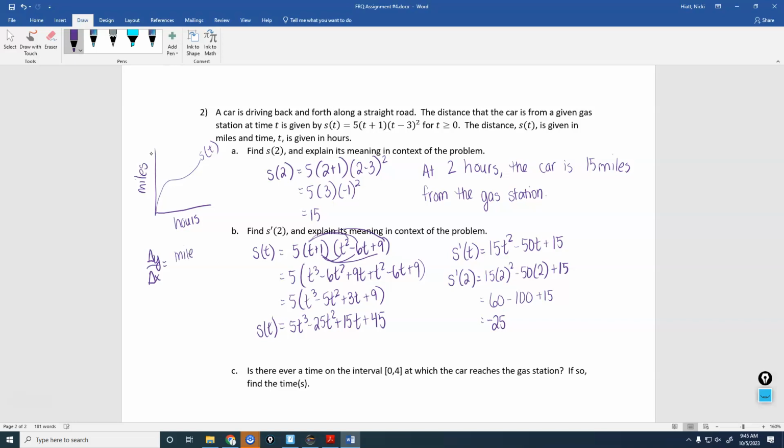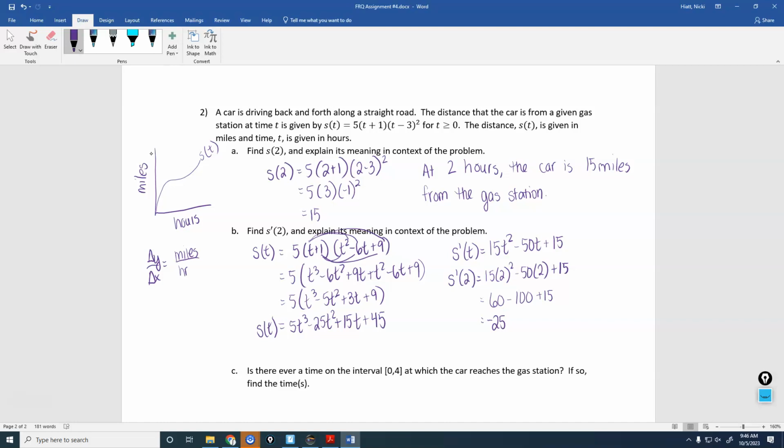Miles. What are we measuring x in? Hours. So miles per hour, this is going to be our velocity. You want to say velocity, not speed, because we've got negative 25 right here. So you can't have a negative speed. But you can have a negative velocity. If you have a negative velocity, it means you're going in the negative direction.